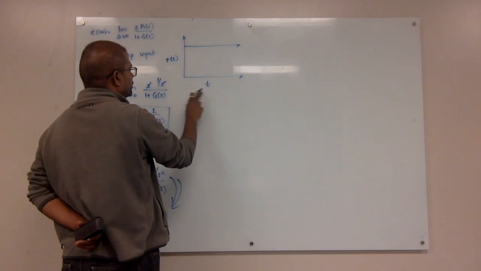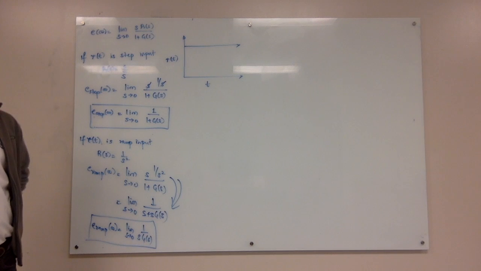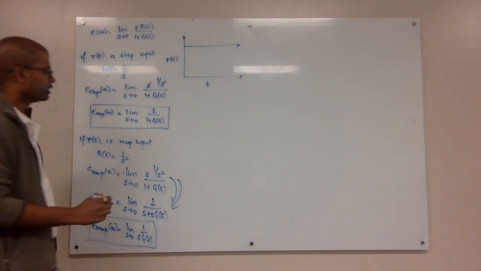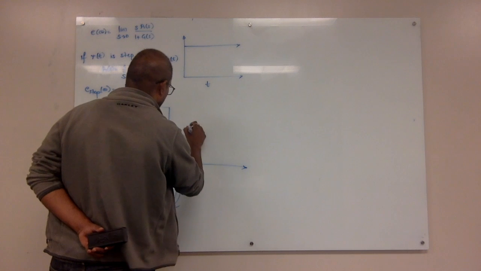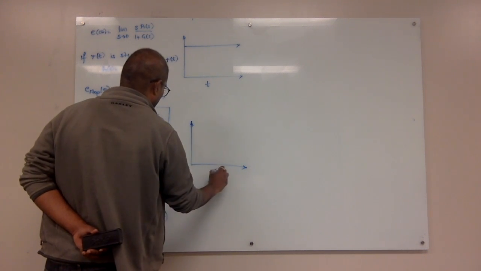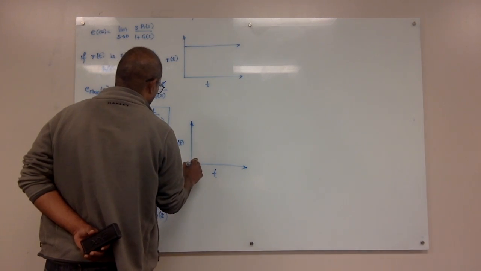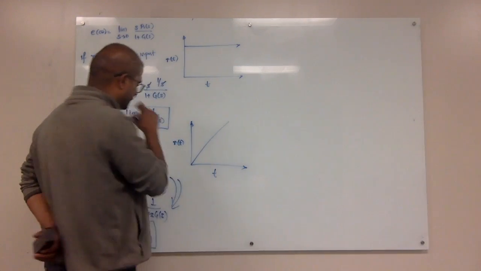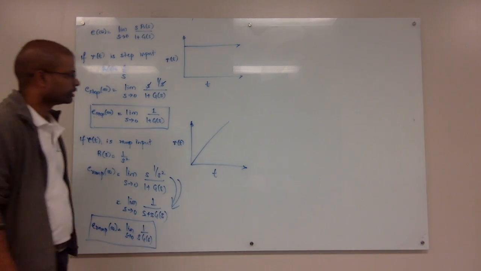You have time, the step function is like this. It is one step. How is a ramp function? It will have an incline or slope.